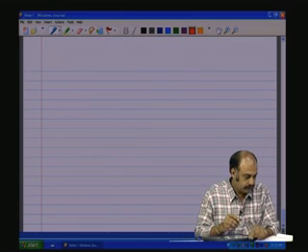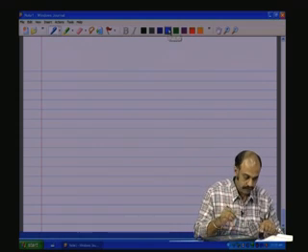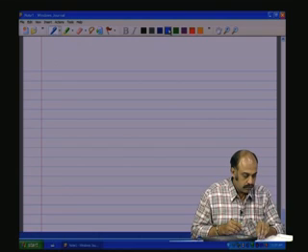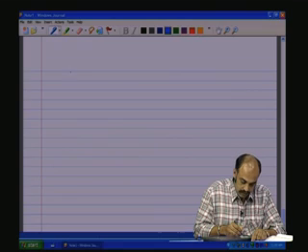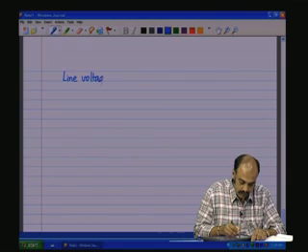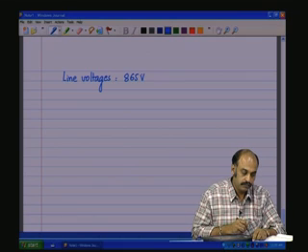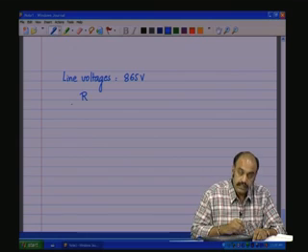So, let us take a simple example from the book. Let me consider line voltages of 865 volts effective value, and the load resistance R is 50 ohms.